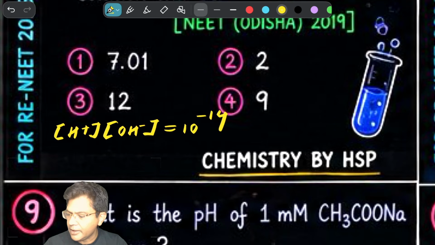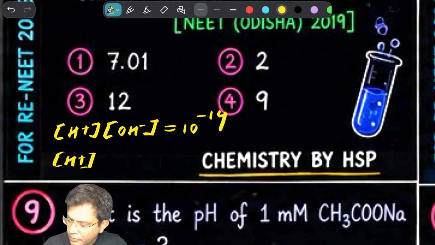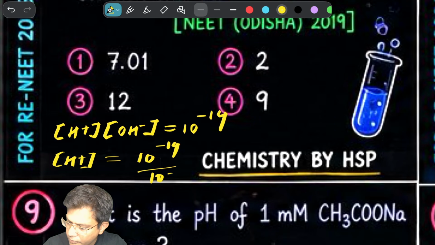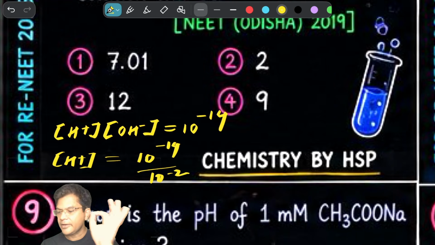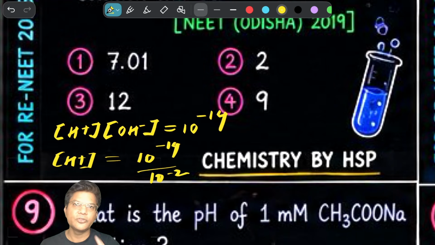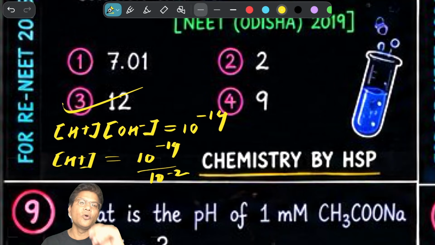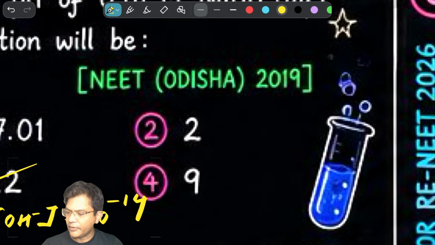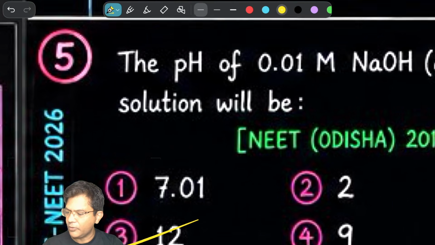So definitely your H plus concentration is equal to 10 raised to power minus 14 divided by 10 raised to power minus 2. That will come out 10 raised to power minus 12. Now, 10 raised to power minus 12, whatever is written after the negative, that is your pH. pH is 12. Now if you don't want to find it in this way, there is one more way by which you can find out your pH. Let's see what that is.